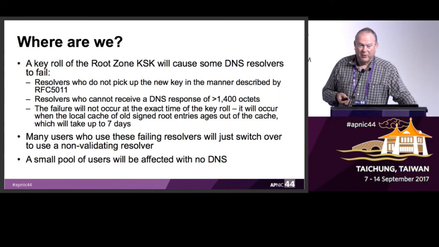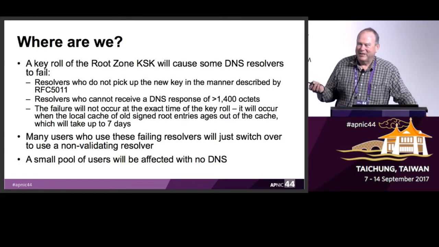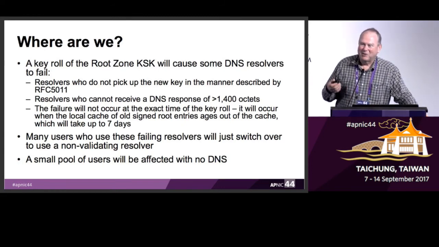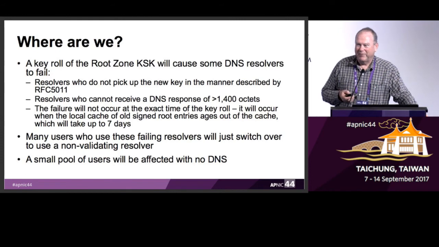The other thing to note is October the 11th is not the day when it breaks. That's the day when it might break because your local cache has to expire and you have to ask again. At the time you ask after your cache has expired is when you go dark. Because if you haven't got the right key, that's when you fail.